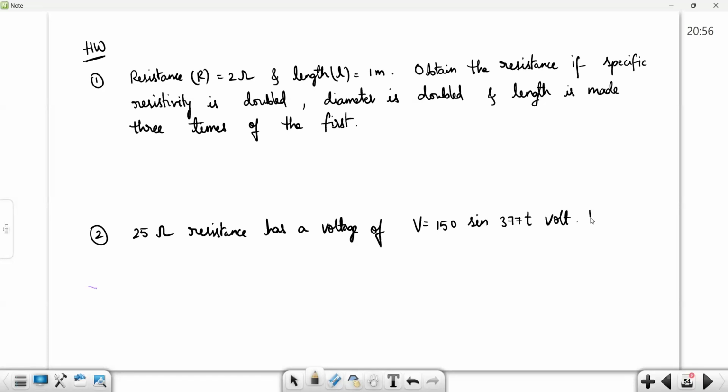Find the corresponding current and power. Corresponding current and power P. You will get again in sine terms only.